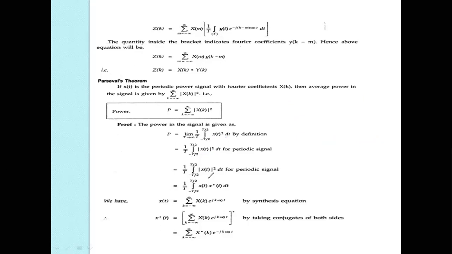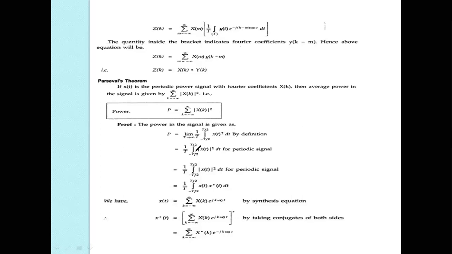Now I am replacing the squared magnitude of x of t as x of t x star of t dt. How does it become the squared magnitude? Because it is a periodic signal. As per the definition, the power is equal to limit T tends to infinity, 1 by T, integral from minus T by 2 to T by 2 of x square of t dt.